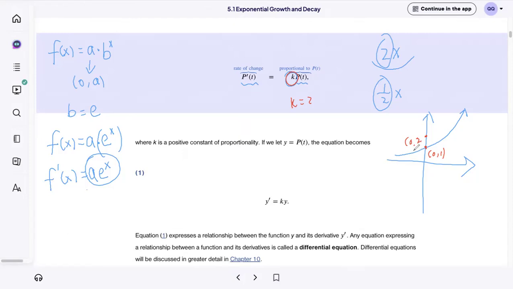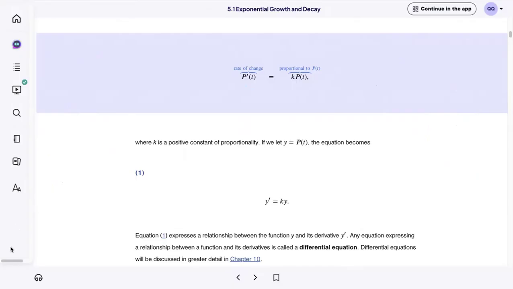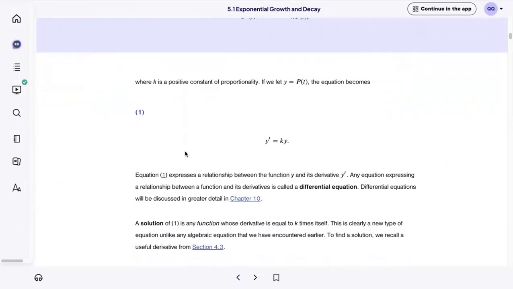Then the graph will look like this. Or maybe k equals half. That shrinks it, right? So we get a half. Something like this. So that's something about when we differentiate exponential functions. All right, the derivative scales the original function, which either stretches or shrinks the original exponential function.